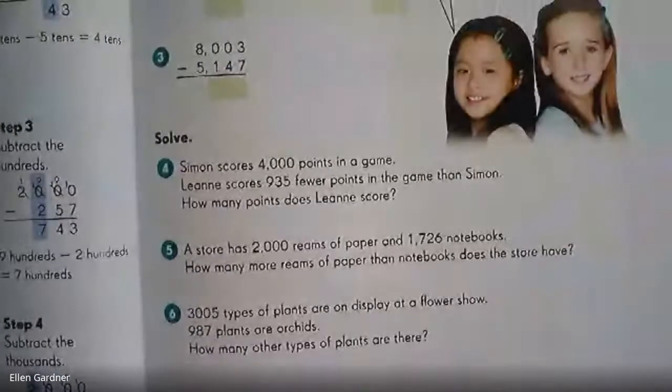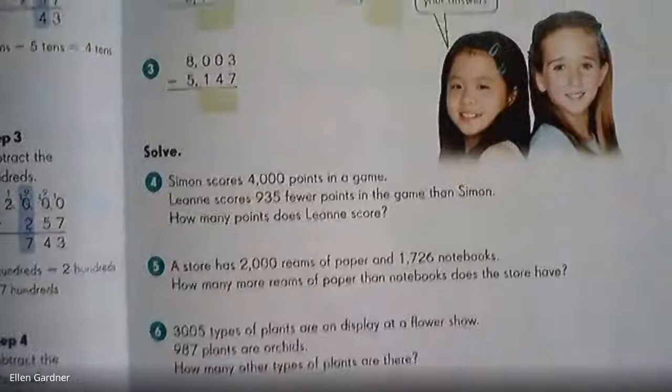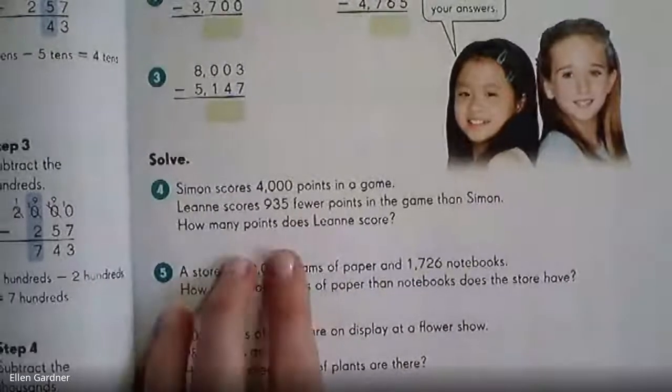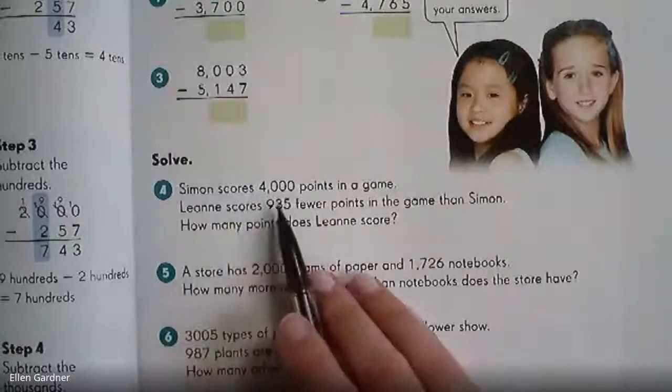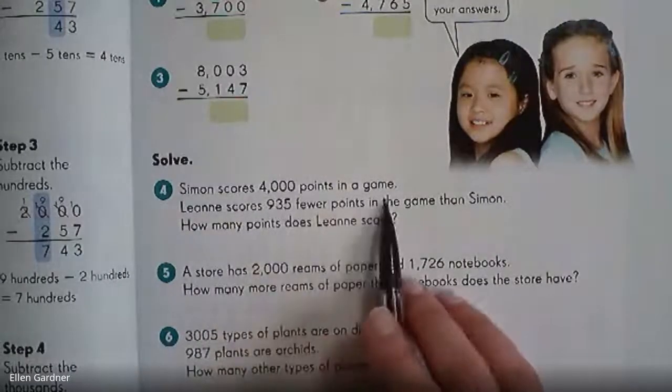Okay, at this point, we are going to put this into practice with some word problems. So let's take a look at one from your textbook. You'll have another one of these to complete in your workbook today for practice as well. It says, Simon scores 4,000 points in a game.